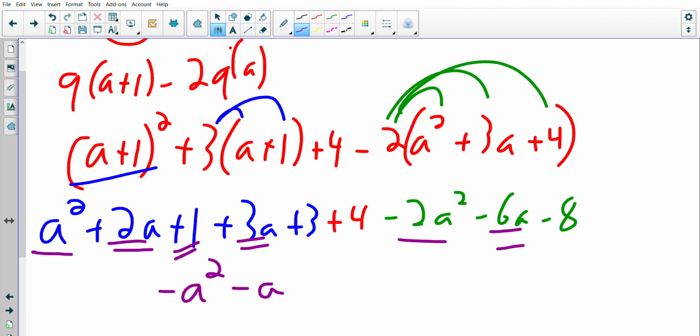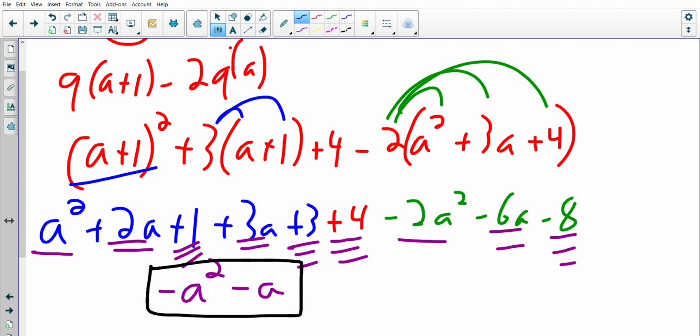And then my regular numbers: 1 plus 3 plus 4 is 8, and then minus 8, which is 0. So there we go, we're done. They all cancel out, so I'm left with negative a squared minus a.